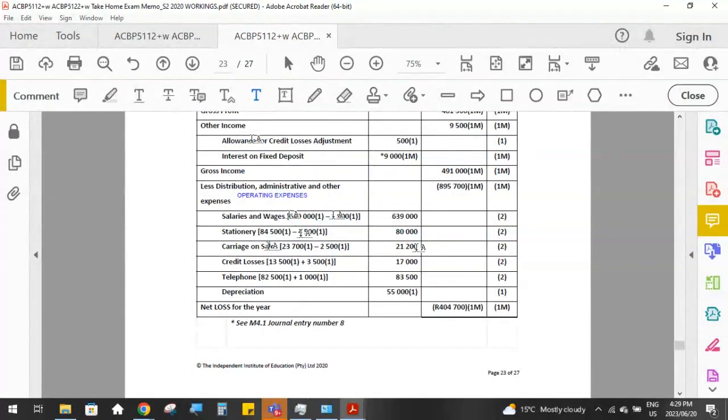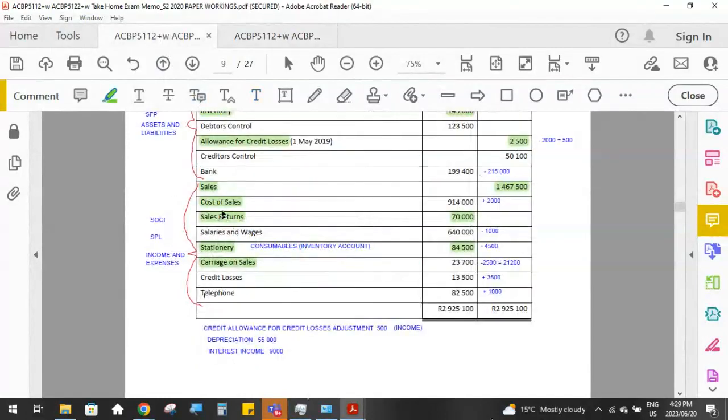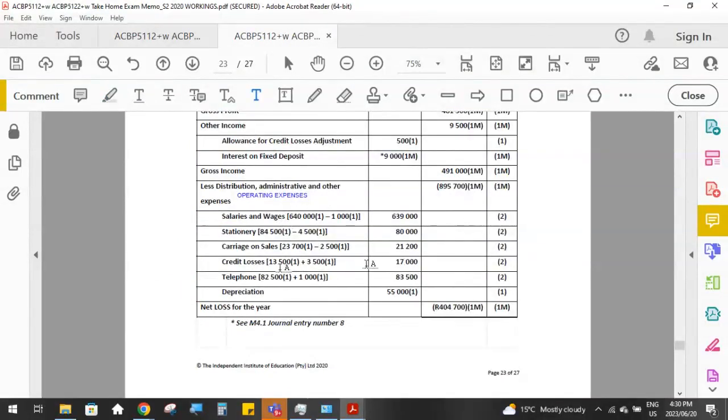See how they've recorded the calculation of our opening amount on the pre-adjustment trial balance, plus or minus the adjustment, and then recorded the correct closing amount in the actual statement itself. Credit losses, we already had 13,500 and we wrote off another 3,500 bad debts. So that gives us a total of 17,000 there.